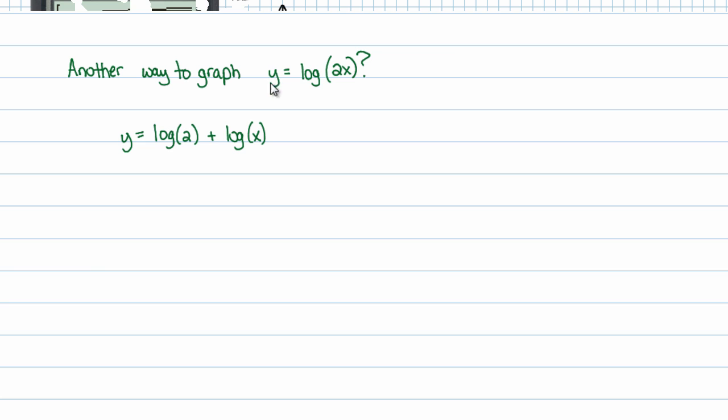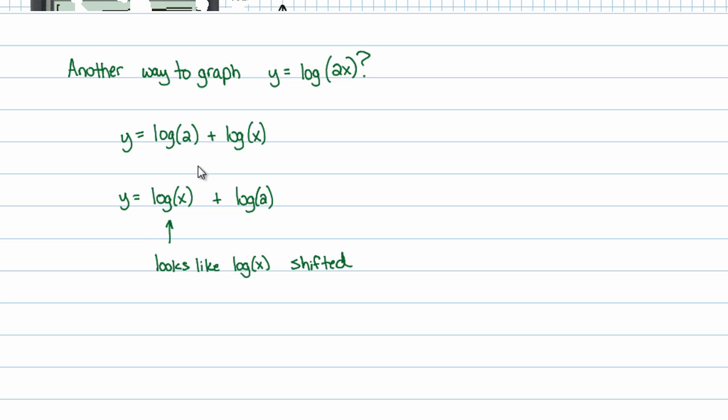To show you how this looks, I'm going to say that's the same thing as saying y equals our base function plus some number. Now, this number just happens to be log of 2, but if you put that in a calculator, it's just some number. So what this is saying is this function looks like log of x, but shifted up.